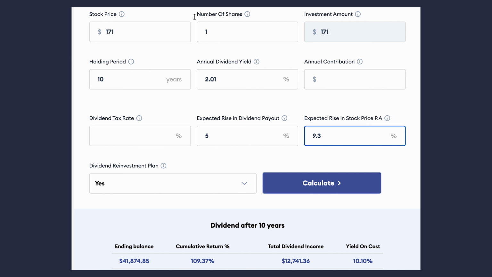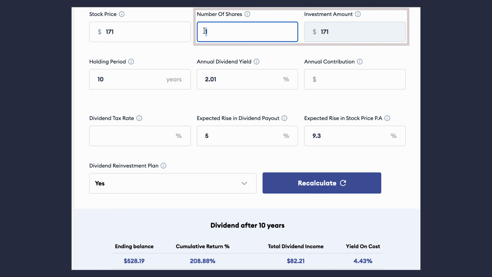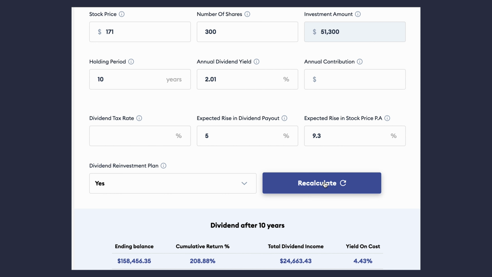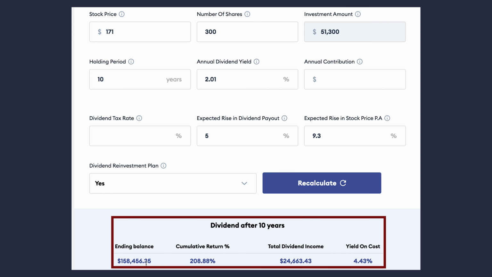Now, obviously on one stock, that's not a whole lot going on, but let's say we had 300 stocks. That would be a starting investment of 51,300 Canadian. What happens there over 10 years is you basically triple your money.